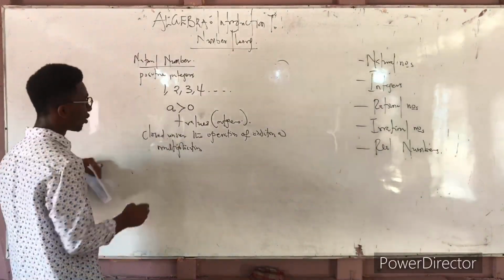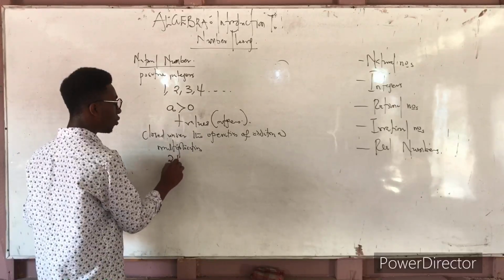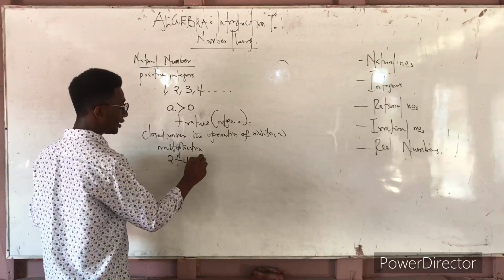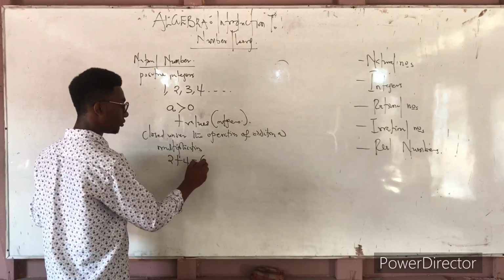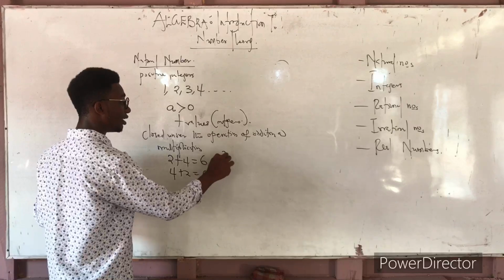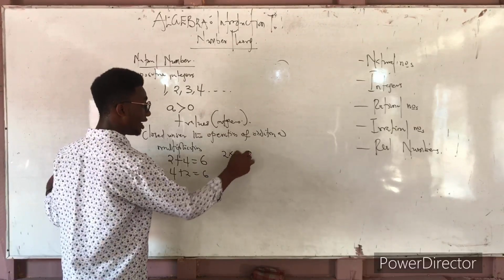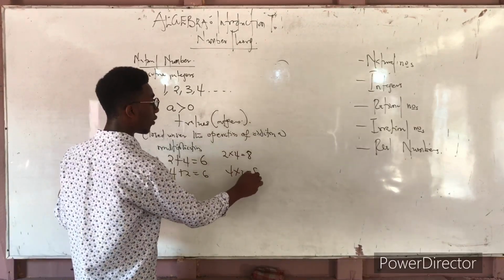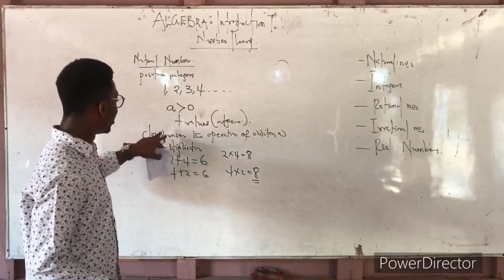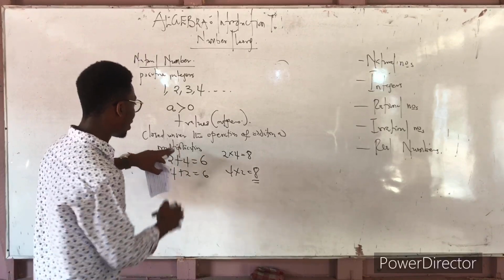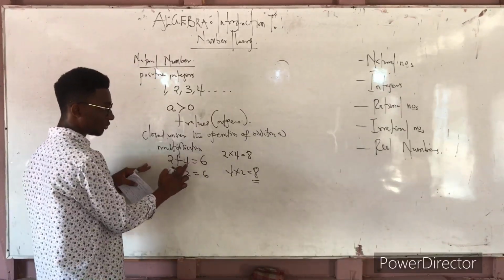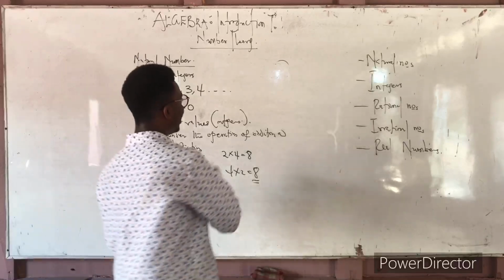So anytime you have a natural number, let's say 2 plus 4, I'll get 6. If I have 4 plus 2, I'll get 6. 2 times 4, I'll get 8. 4 times 2, I'll get 8. So now, per the closure property, you realize that natural numbers are closed under the operations of both addition and multiplication.